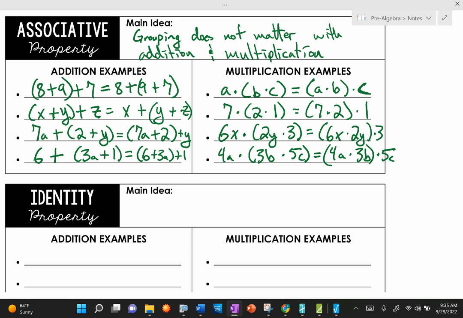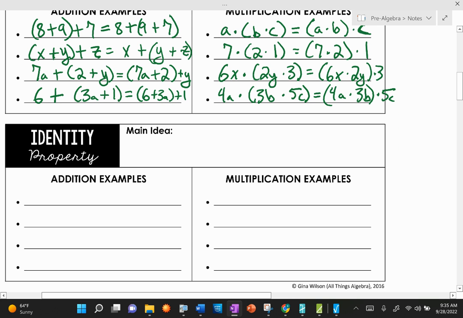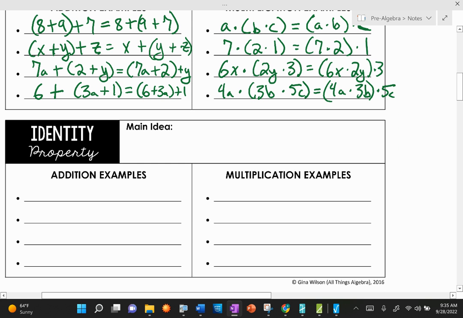All right, guys, we're going to go to identity. I'll scroll up just a little bit. Okay, identity property is all about doing an operation to a number, but you don't want to change the value of that number. So in addition, what's the only thing that I can add to a number that won't change it?